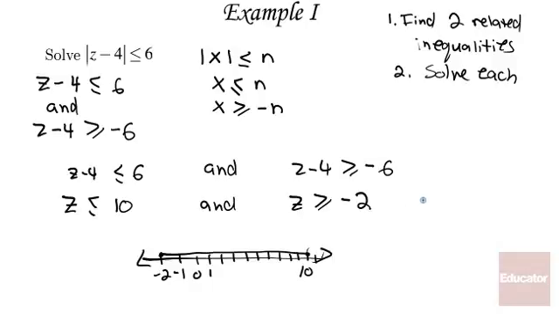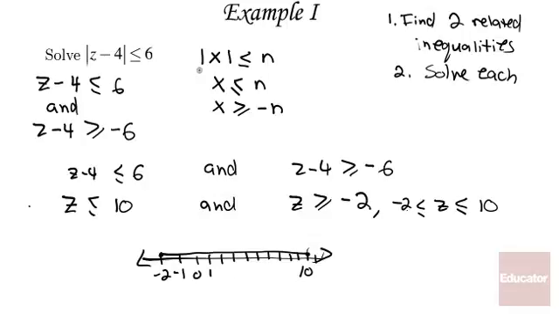I could write this another way, putting z in the middle: negative 2 is less than or equal to z, which is less than or equal to 10. So this is the same as the graphed version.